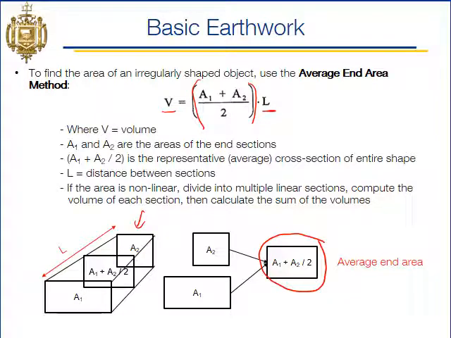If we have a nonlinear shape, we might have multiple cross sections, so you would end up doing the sum of volumes if you have multiple shapes. So this might be A2 plus A3 over 2 times L2. You just find the volume between each section, and then you add those up if you have multiple cross sections.